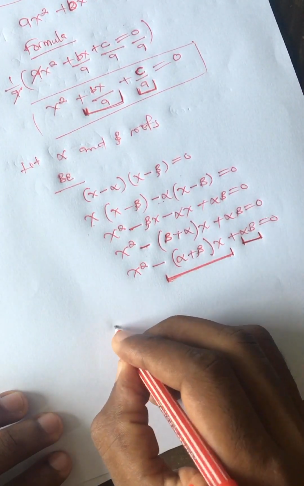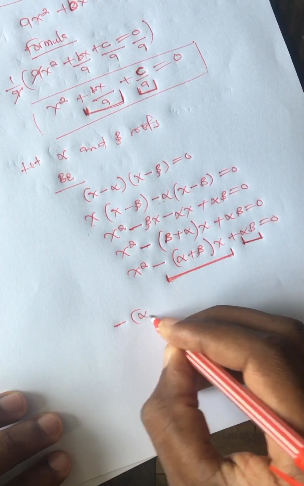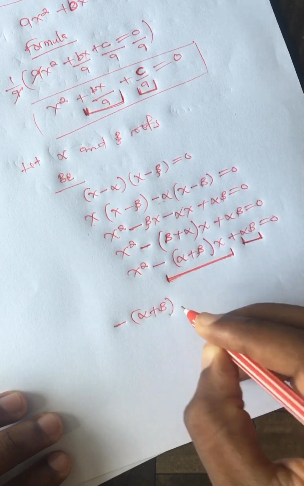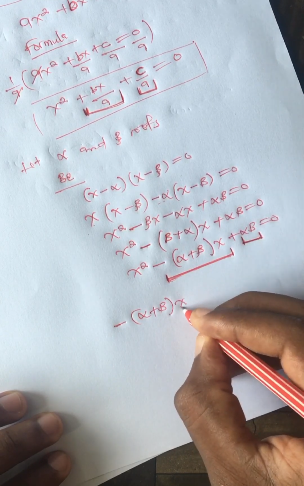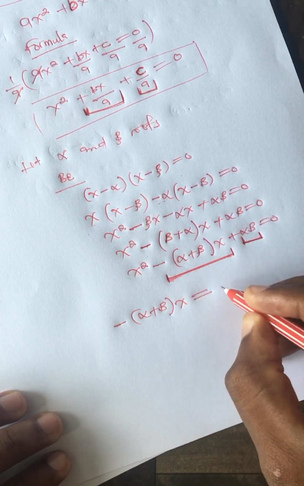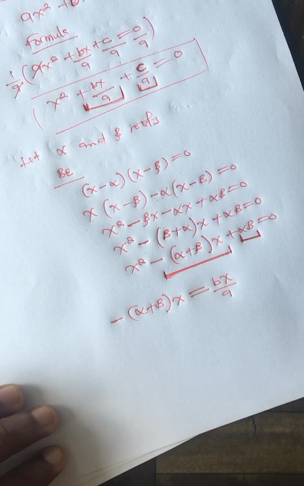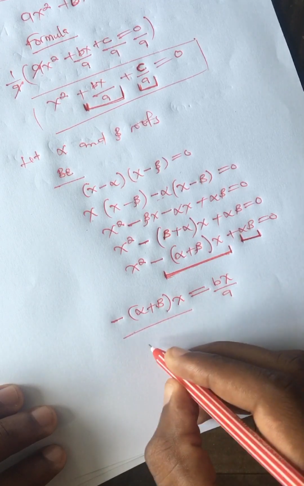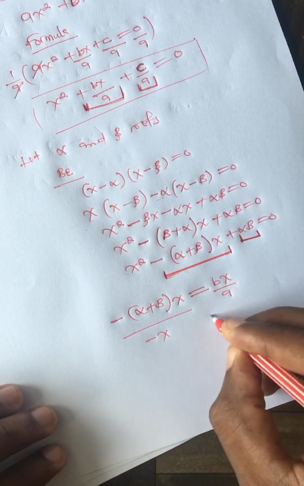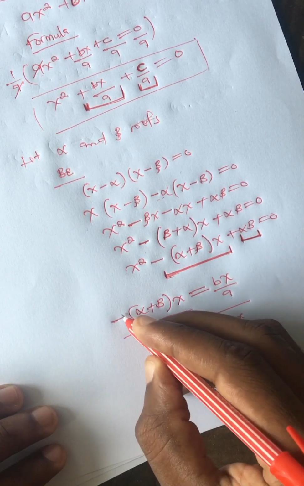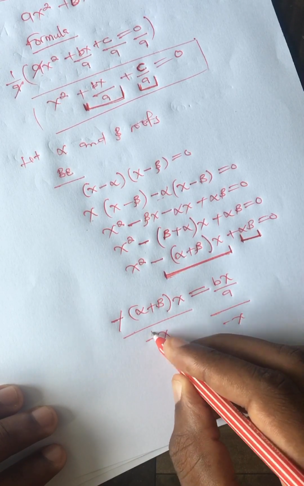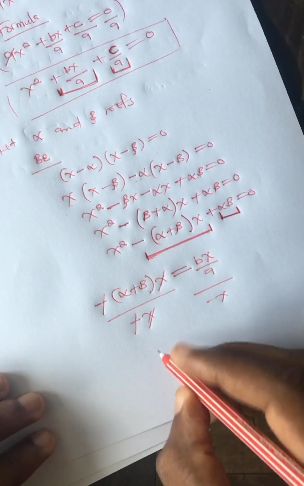So we can say negative alpha plus beta, x, will be equated to bx over a. Then we can divide throughout by negative x, so this and that go, then this and that go.